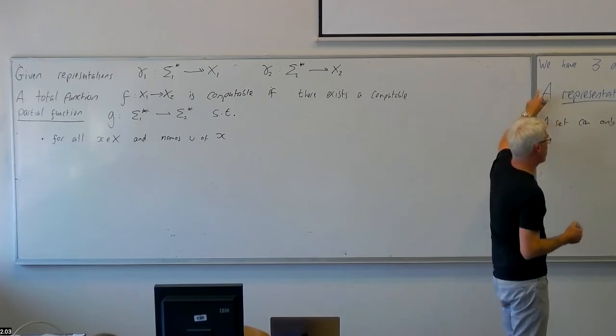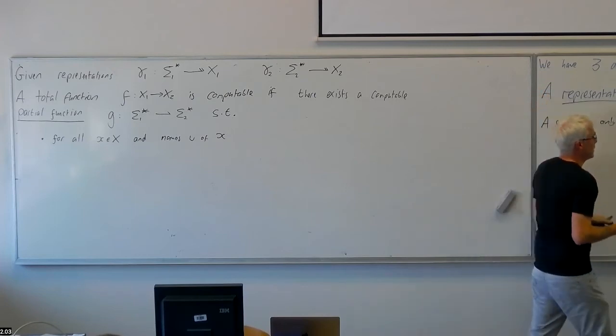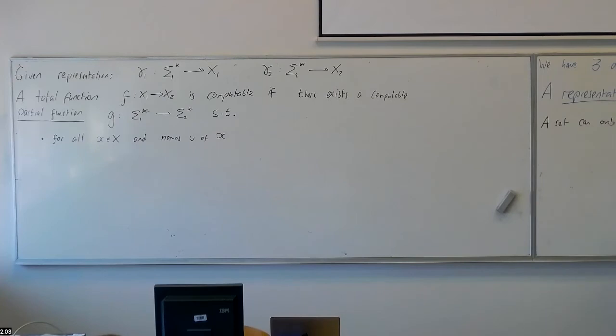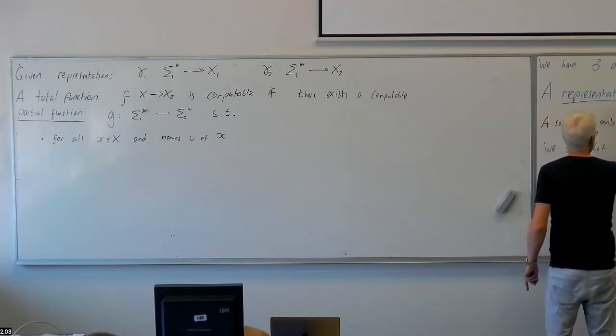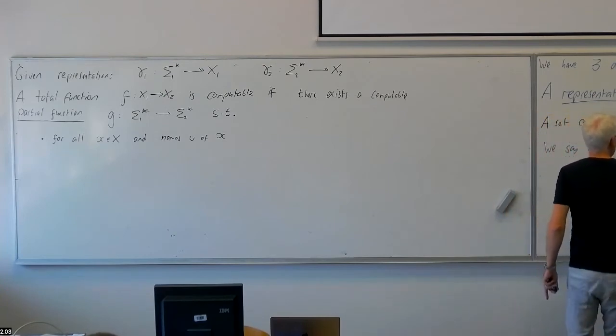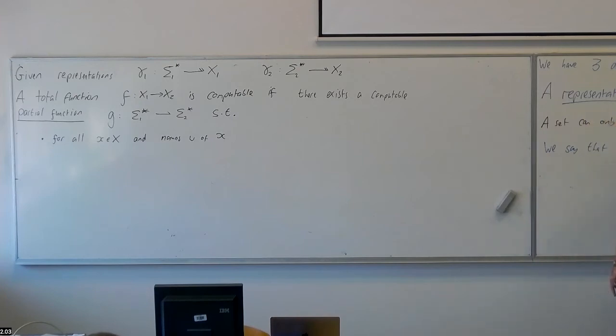So under the definition of a representation, gamma is a surjective function from words over the alphabet sigma to X. We say that any word w over the alphabet sigma such that gamma is defined on that word and its value is little x for some element little x in the set is a name, or realizer, that's another word for it, of x.